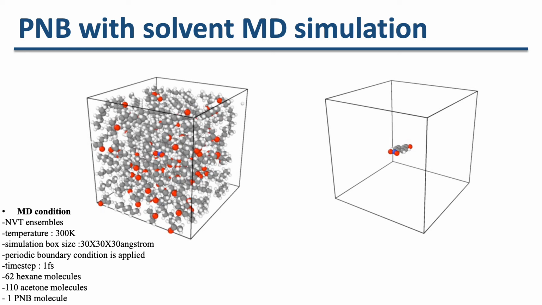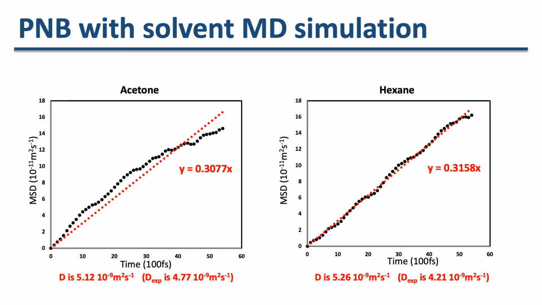This is my last system, in which I added 1-nitrobenzyl, which is the main reactant in the aldol reaction, and placed it at the center of the simulation box, and the solvent is the 1-to-1 volume ratio mixture of acetone and hexane. And these two are the mean square displacement curves for acetone and hexane.